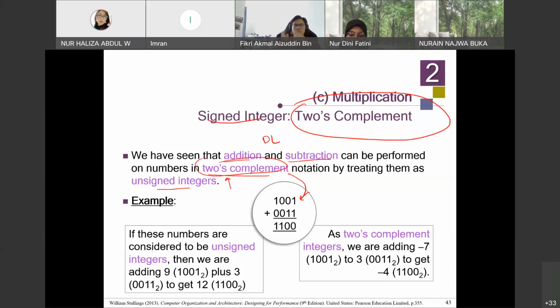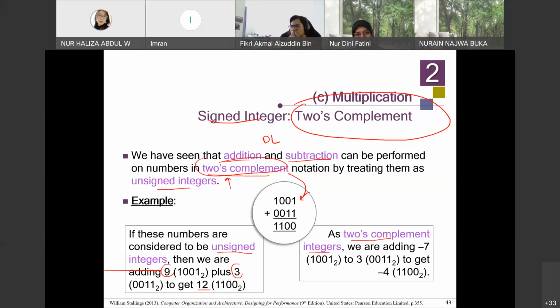If these numbers are considered unsigned integer, then we are adding 9 plus 3 over here to get 12. For 2's complement, there is an example, okay?